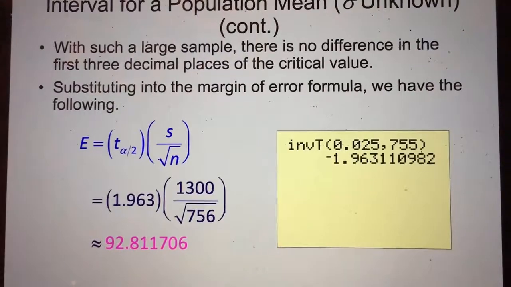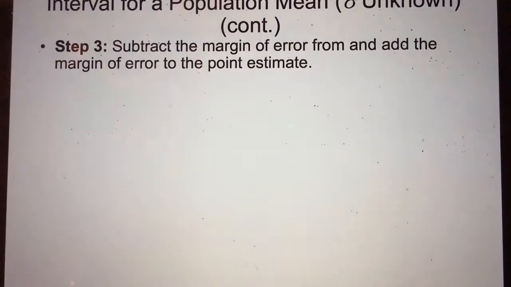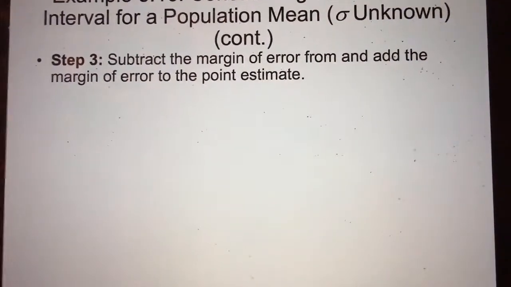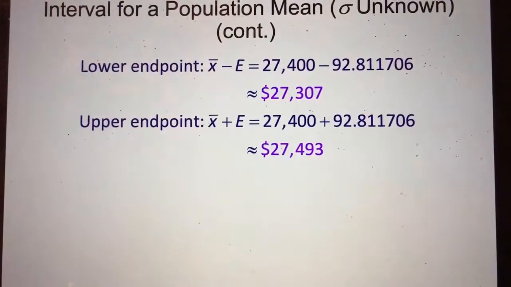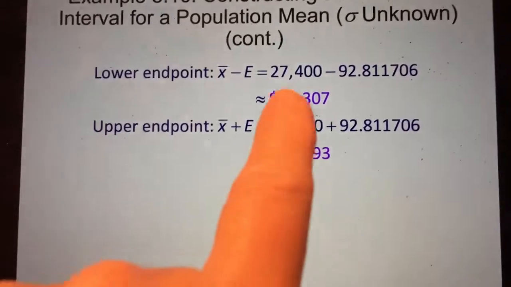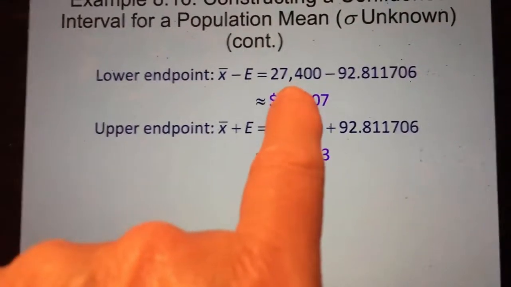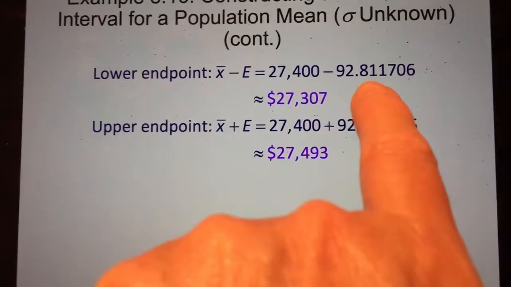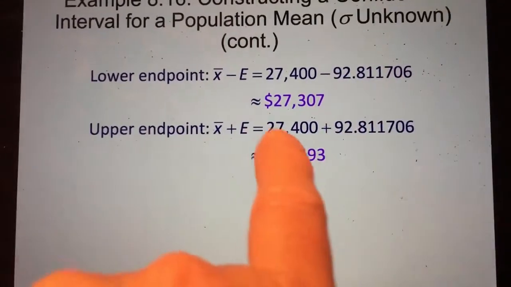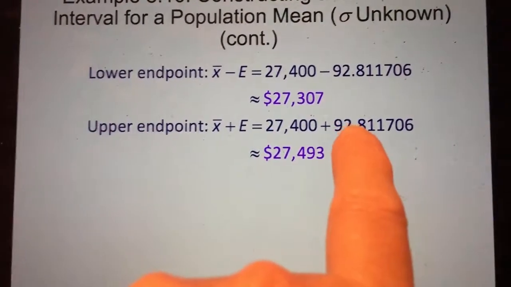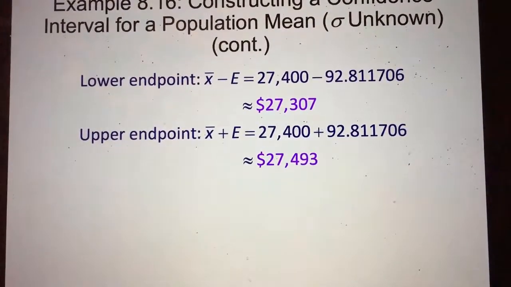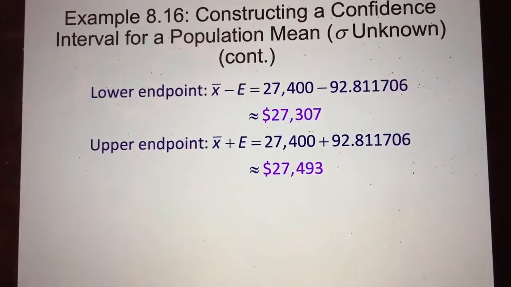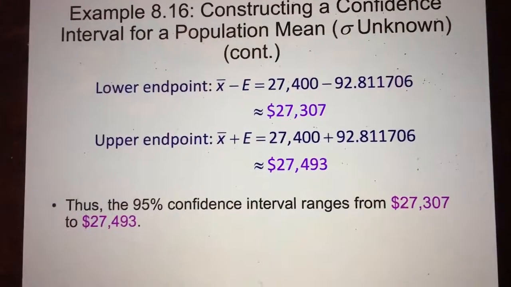But remember, the mean was in the thousands. So subtract the margin of error from and add the margin of error to the point estimate. Here we go. We had the sample mean minus the margin of error, and then the sample mean plus the margin of error, and that gives us our confidence interval just the same as we did with our population interval in 7.1.